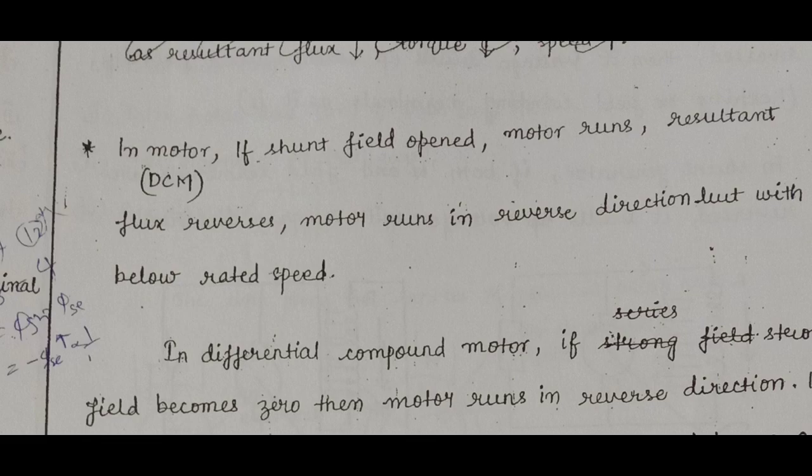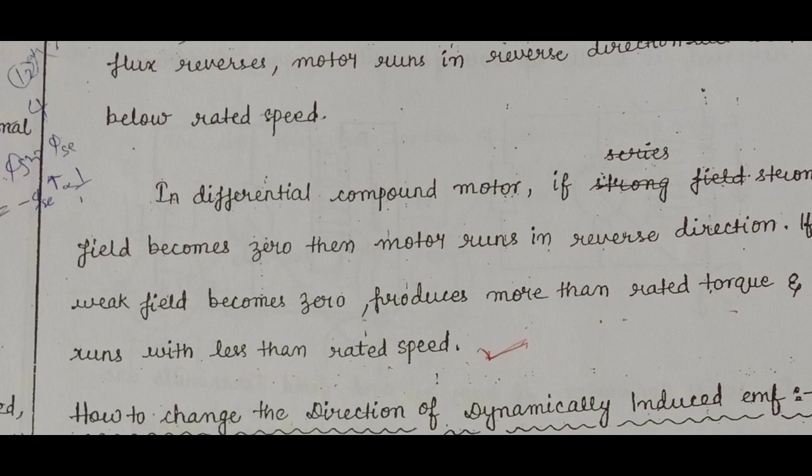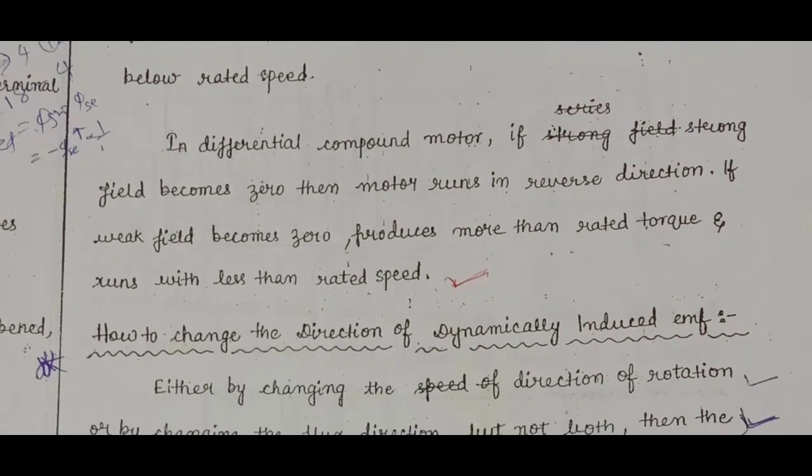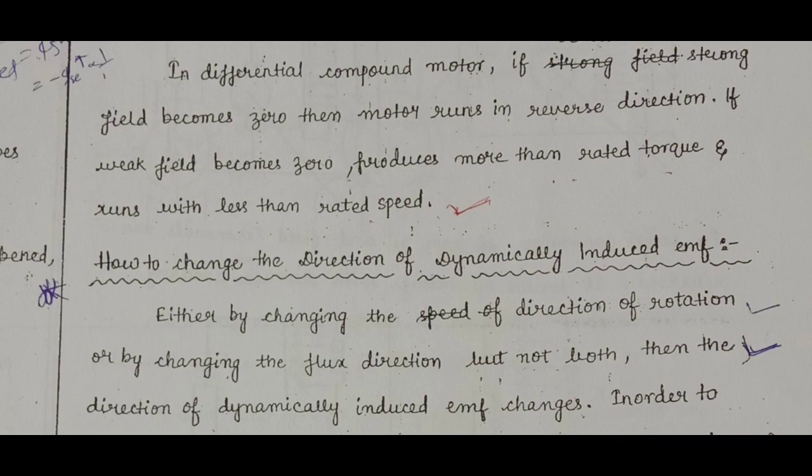In a differential compound motor, if series field becomes zero, then motor runs in a reverse direction. If weak field becomes zero, it produces more than rated torque and runs with less than rated speed.